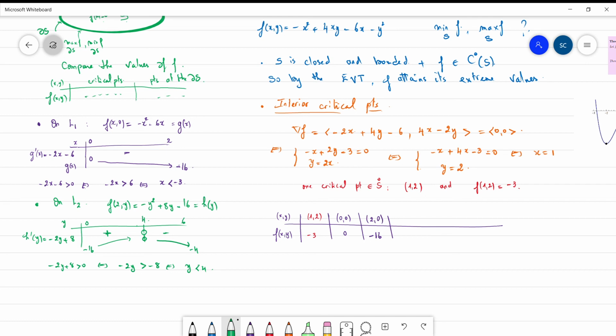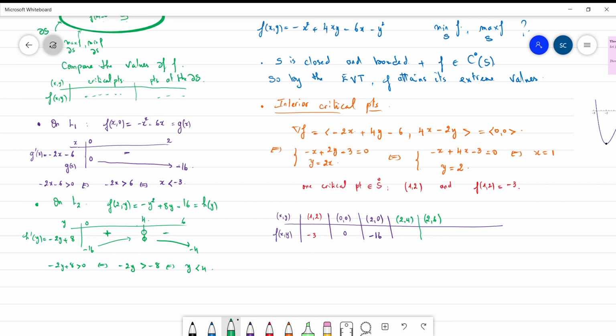We have the point (2, 4), where f takes its maximum on L2, and the other point is (2, 6). The minimum value is this one, not this one, so we can avoid considering this point.